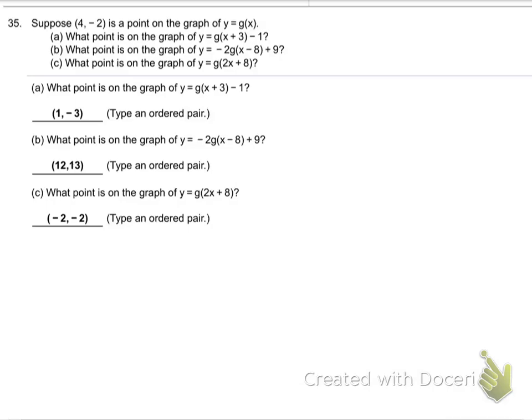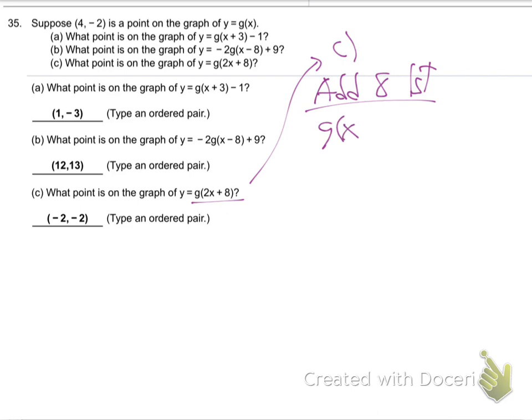So the real order, what they really did on part C, is they added first. So add 8 first. They first added 8, which again means replace.